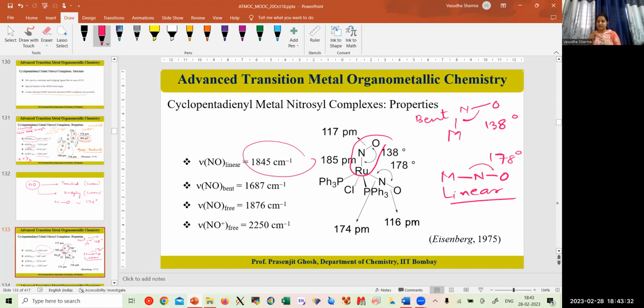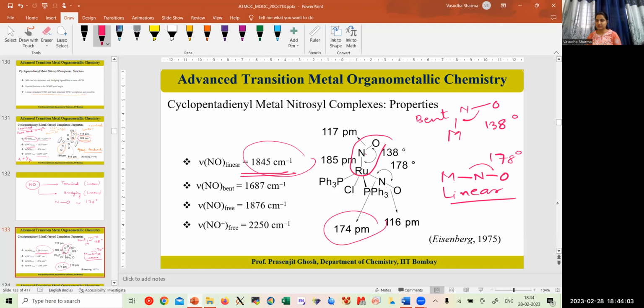The bent one is less tightly bound because the bond length is very high, 185 picometer between metal and nitrogen and 117 between nitrogen and oxygen, whereas metal and nitrogen of the linear one is 174, which is less than the 185. Therefore, the strength is more in the linear case compared to the bent one. That's why the NO stretching frequency in the linear case is 1845 in this particular structure.